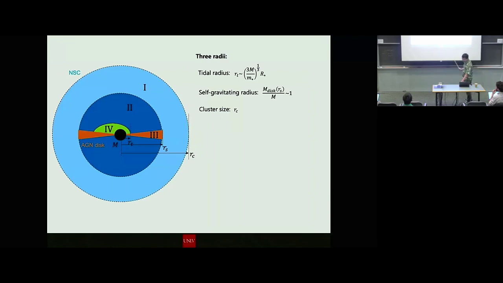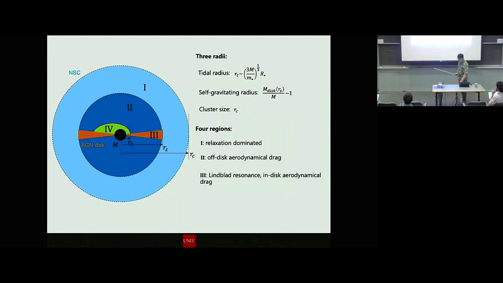By these three radii, this nuclear cluster can be divided into 4 regions. The first is region 1, where the stellar orbits will barely interact with the accretion disk, so the dynamics is dominated by the relaxation process. In region 2, we have a lot of off-disk orbits around the supermassive black hole, and the stellar orbits will interact with the accretion disk.